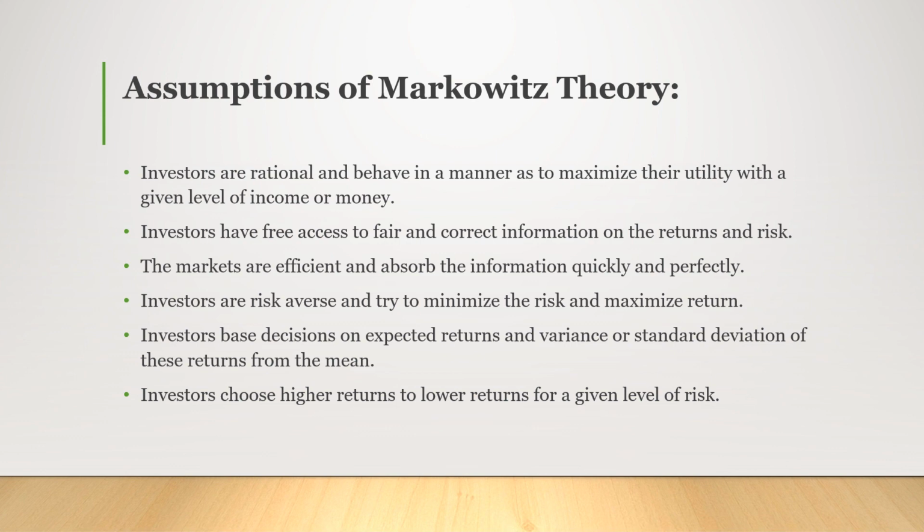Whatever amount he has, beyond that, to the maximum extent, that much return he is going to expect at the lowest level of risk. So these are the assumptions of Markowitz theory.